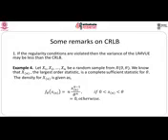Now we consider some remarks on CRLB. The first remark is, if the regularity conditions are violated, then the variance of the UMVUE may be less than the Cramer-Rao lower bound. Consider the following example. Let X1, X2, up to Xn be a random sample from a rectangular(0, θ) population.